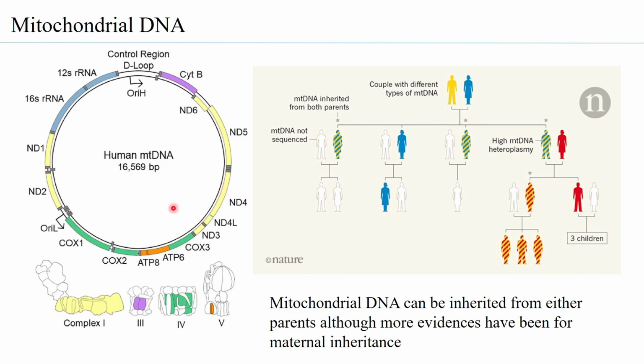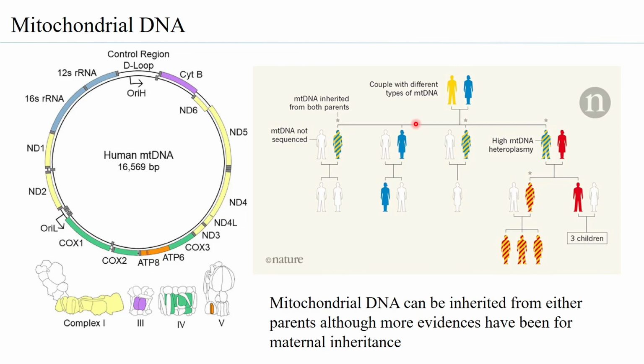What is also understood is that the mitochondria has to rely on several nuclear DNA for its functioning. It doesn't have all the proteins that are needed for functioning. So there are a lot of nuclear proteins, formed from nuclear DNA, that have to be brought into the mitochondria. Here, this is just showing the fact that you can have the mitochondria inherited from either parent.